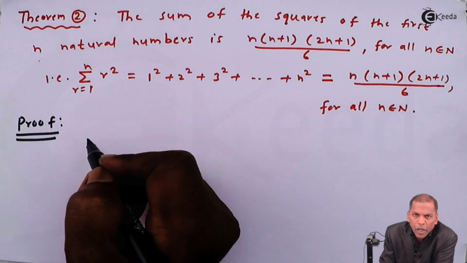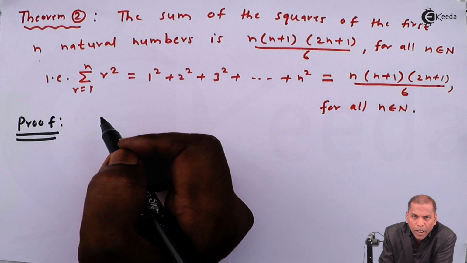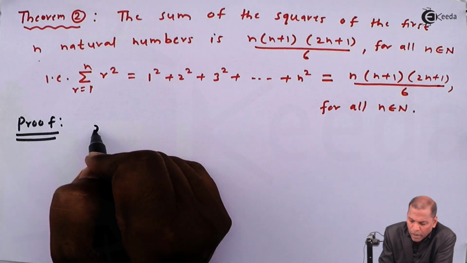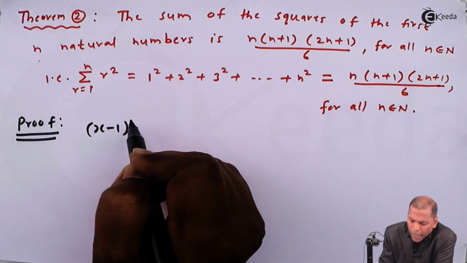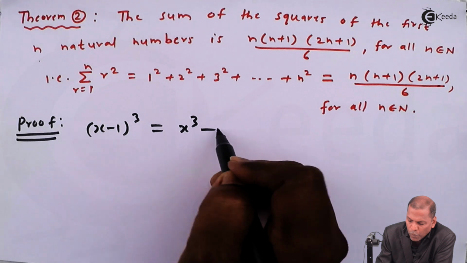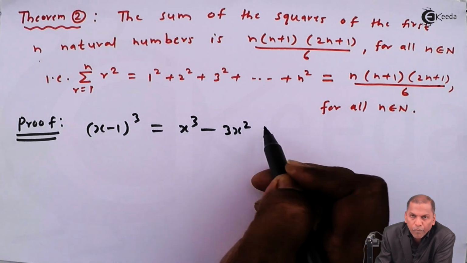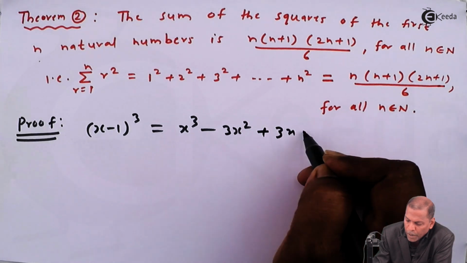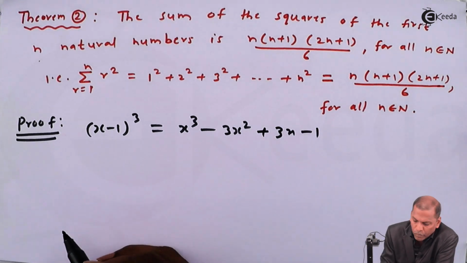First of all, we consider the formula for (x minus 1) whole cube. That can be written as (x minus 1) the whole cube equal to x cube minus 3x square plus 3x minus 1.